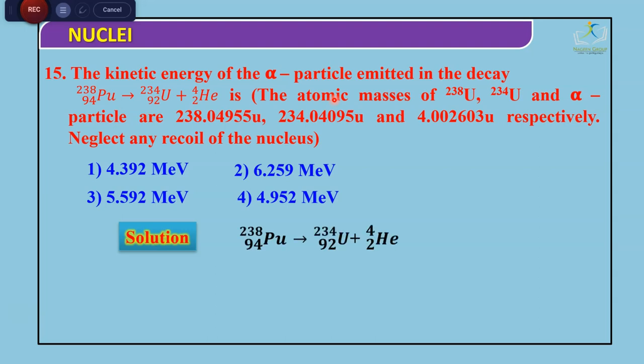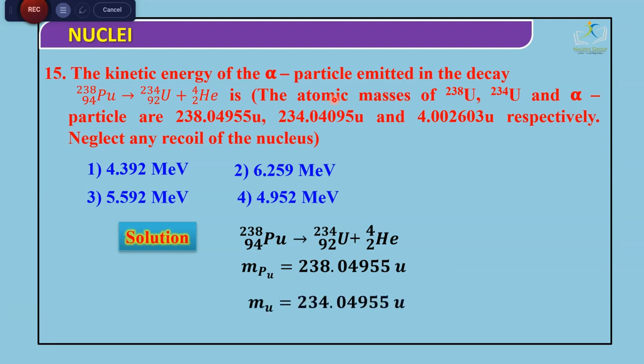Pu 94 238 gives uranium 92 234 plus 2He4. The mass of plutonium is 238.04955, which is the given mass.